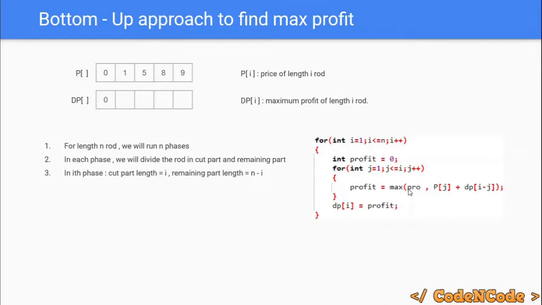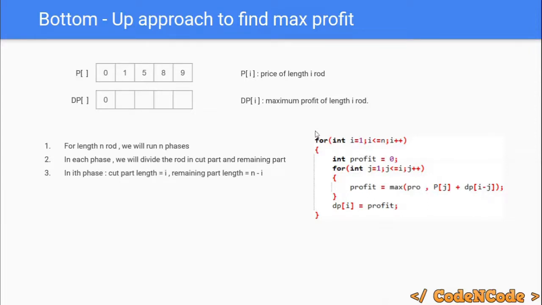In each phase, what you do, you divide the whole rod in two parts, the cut part and the remaining part. Cut part you sell completely, that is why it will give you the profit P of j, and the remaining part you are allowed to decompose further, and the remaining part would be i minus j. And since the remaining part you are allowed to decompose further, now the question is, what is the maximum profit you can achieve with this length rod?